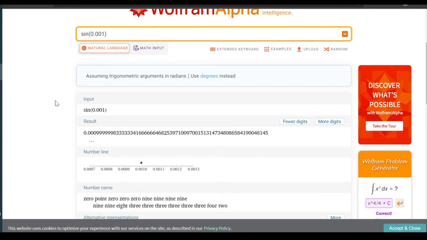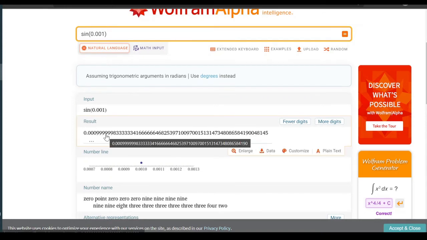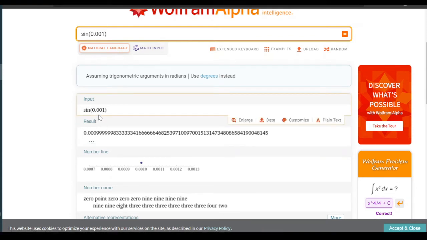Just to show you this in another format, if I wanted to consider the value of sine of 0.001, the result of sine of 0.001 is equal to this number, which you can see is very, very close to the x value, to the input of 0.001.